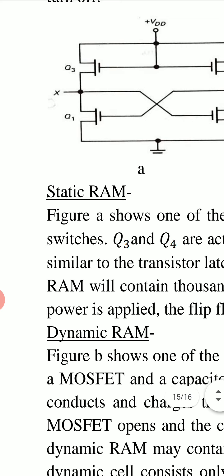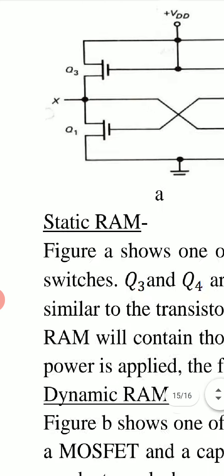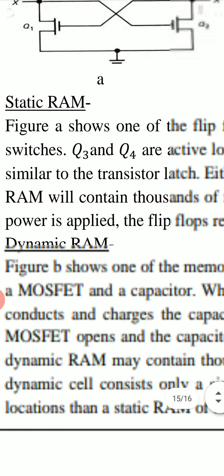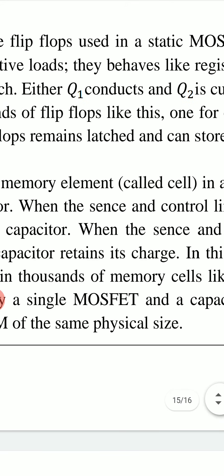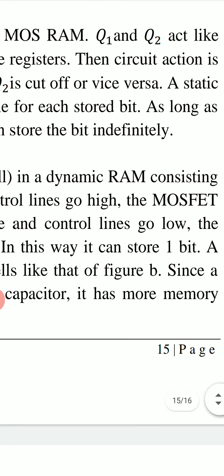And in this way, a binary bit 0 or 1 is stored as X in this figure. Either Q1 conducts and Q2 is cut off or vice versa.